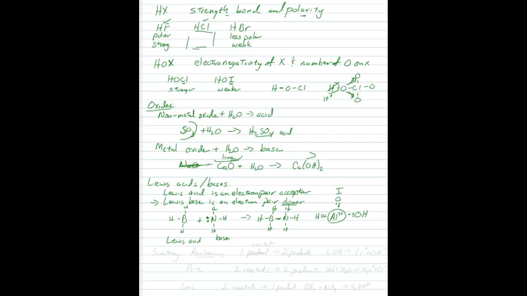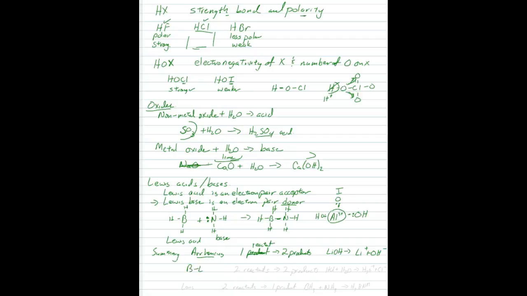A summary of all the types of acids and bases we have. Arrhenius will have one reactant going to form two products, like LiOH forming Li plus and OH minus.